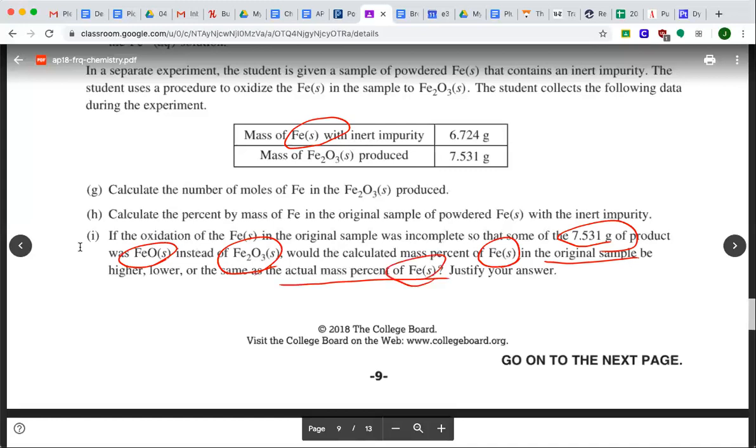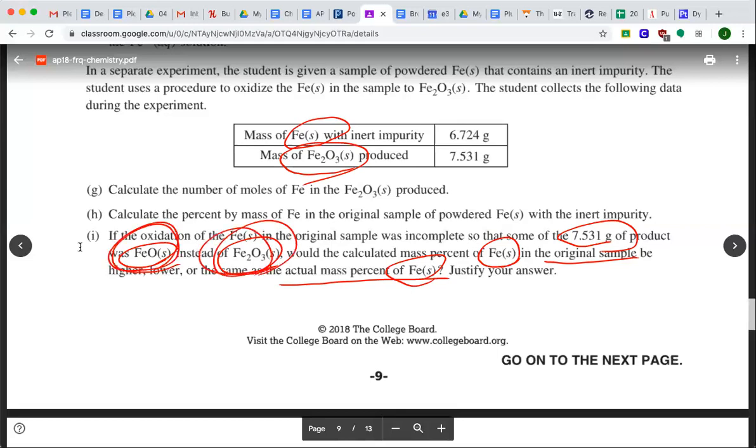That's ugly. Okay, so what I'm being told here is that some of this is actually this instead of this.